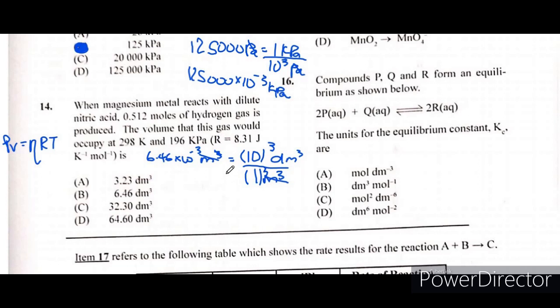Now, in order to put it in dm cubed, it would be 6.46 times 10 to the minus 3 multiplied by 10 to the 3. These would cancel each other and we'd end up with 6.46 dm cubed. So the answer is B for 14.